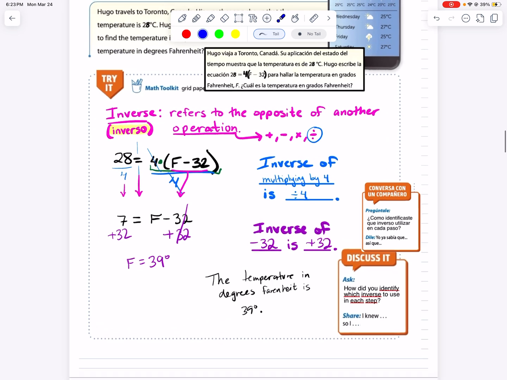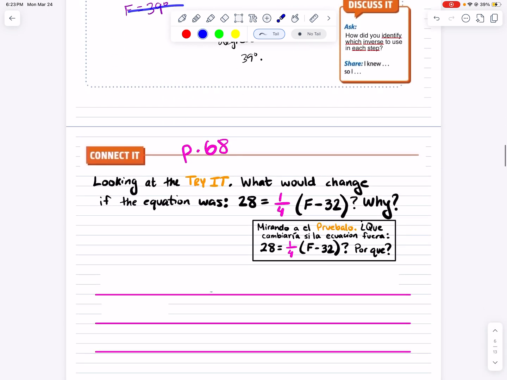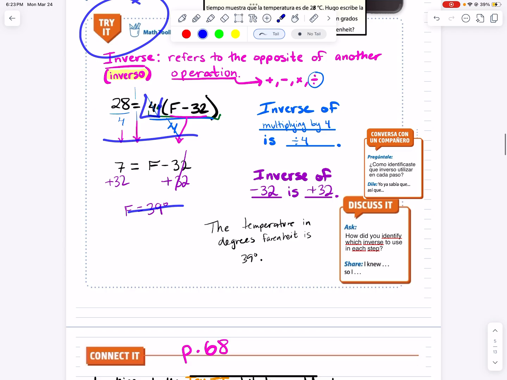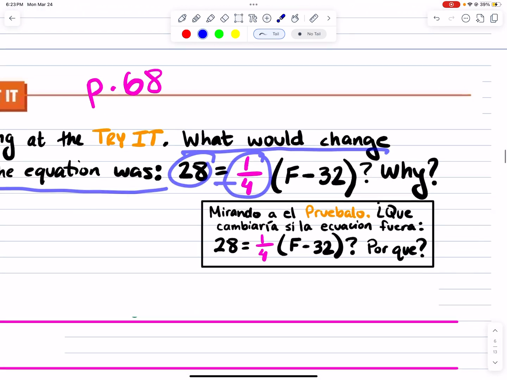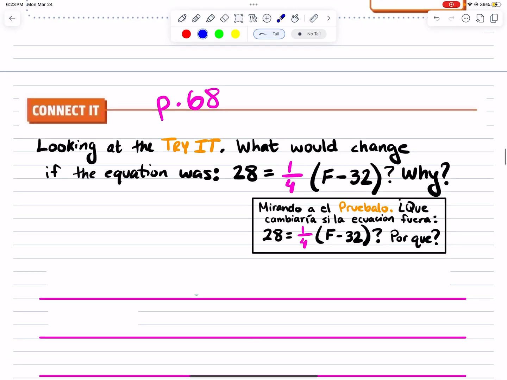Looking at the try it, the one we just did, what would change if the equation was 28 equals 1/4? Before it was a 4. Now it's 1/4 with F minus 32. What would change if the equation was this? And why?